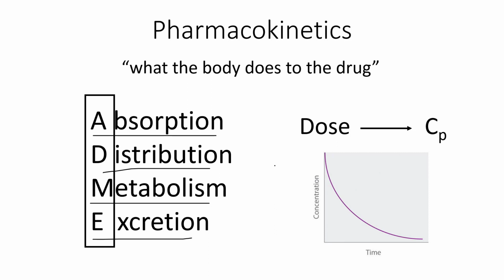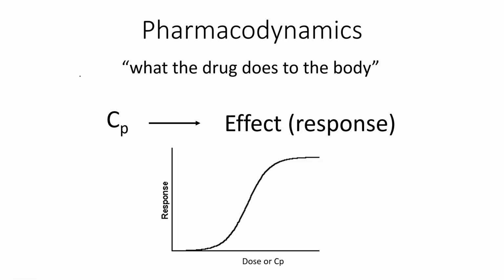When you see a graph that deals with concentration over time, that's looking at the pharmacokinetics of a drug. So pharmacokinetics deals with concentration over time. Now, pharmacodynamics deals with what the drug does to the body. So when we reach that plasma concentration, what effect do we have? And how do different plasma concentrations lead to different effects?